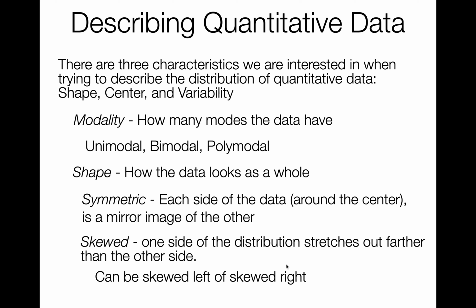Now, you can be either skewed right or skewed left. Okay, and so what you would be tasked to do on an exam or homework is I would give you a plot of the data, and then I'd ask you if it's symmetric or if it's skewed, and if it's skewed, which way.